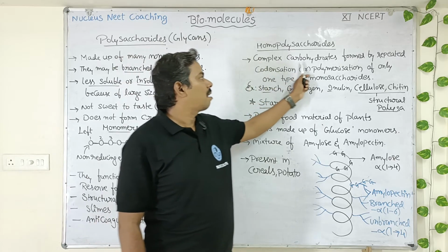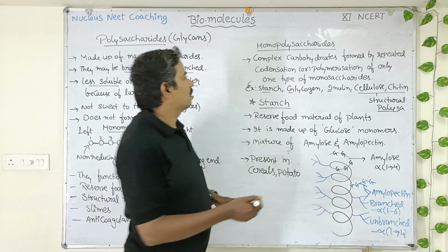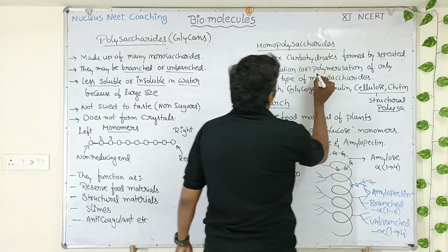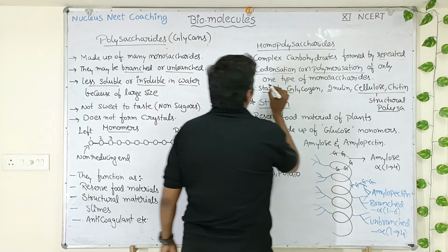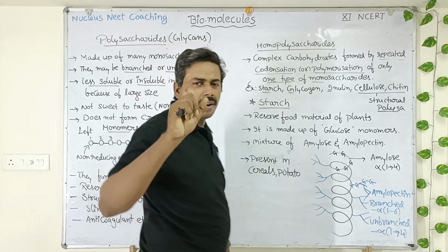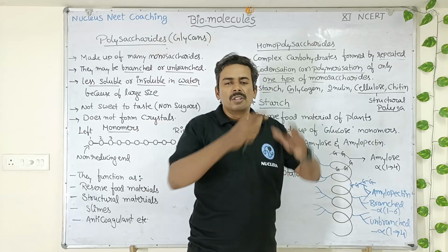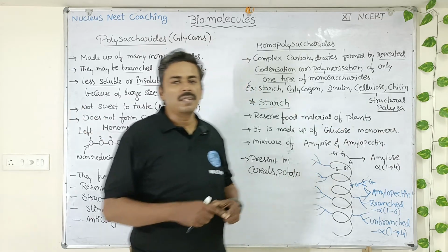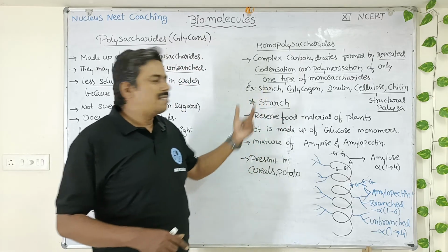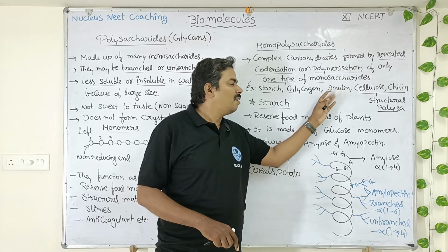Homopolysaccharides are complex carbohydrates formed by repeated condensation, or polymerization, of only one type of monosaccharide. There will be only one type of monosaccharide which will be repeating again and again throughout the chain of polysaccharide. We call them homopolysaccharides.